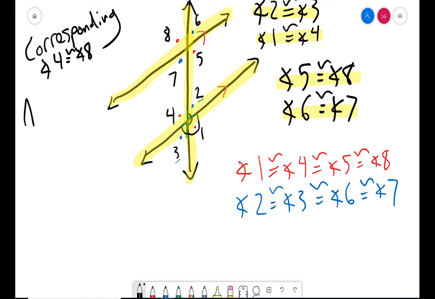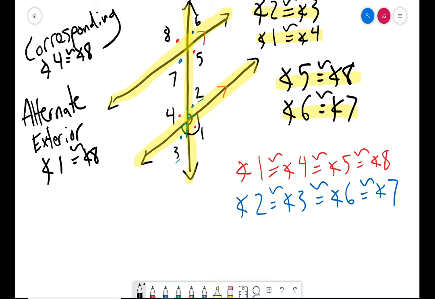We also have what are called, and these are just labels for what we've already shown, alternate exterior angles. So, for example, angle 1 is congruent to angle 8. They are exterior, and they are alternate sides, right?